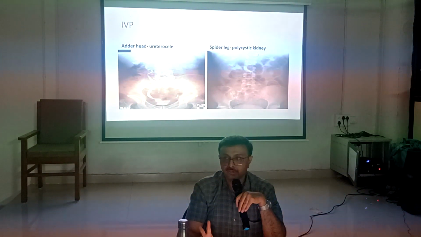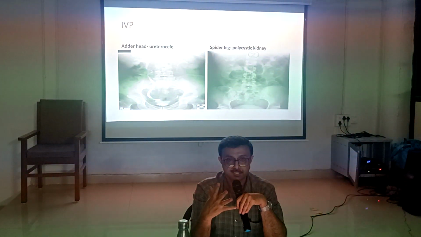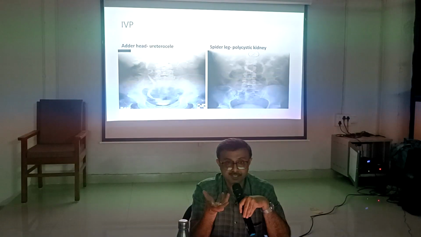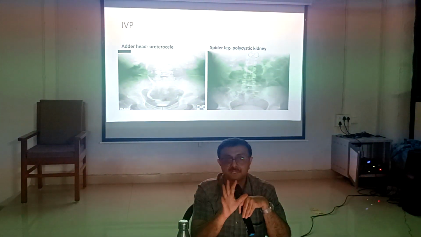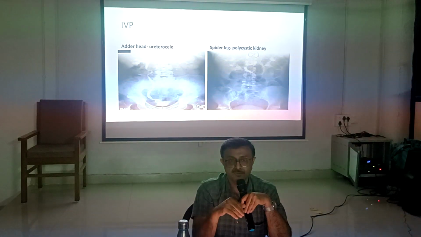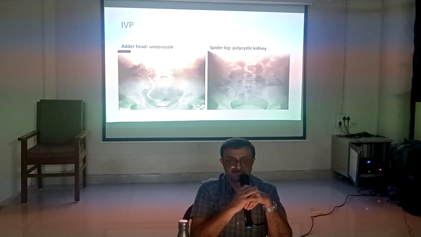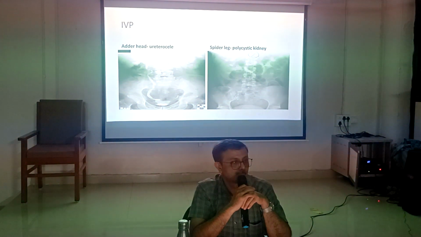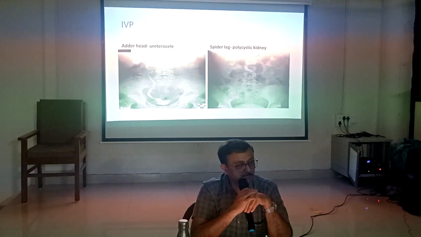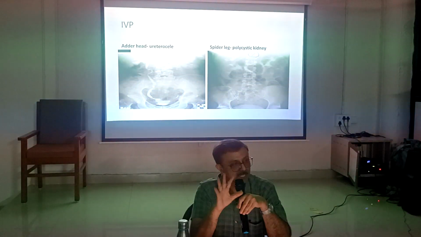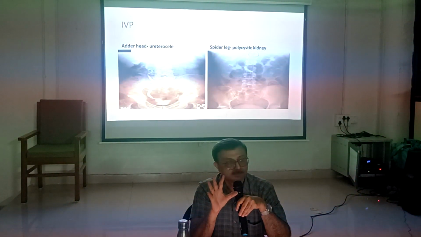Spider leg appearance: polycystic kidney and hydronephrotic kidney. Both are enlarged, fluid-filled kidneys with cystic cavities. To differentiate the kidneys, take a cut section of the specimen. In polycystic kidney, the cysts are multiple and irregular in the parenchyma.